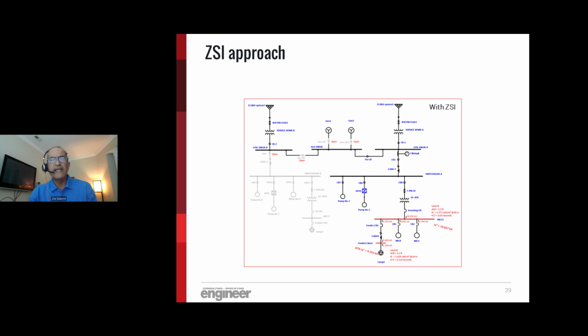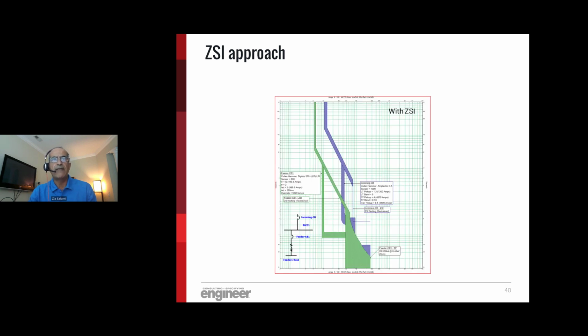Now, I think by the next slide we will see it a bit better: we are able to enable the instantaneous portion of the incoming breaker. That's why it helps us bring the incident energy lower at the MCC level.